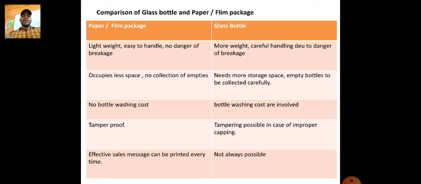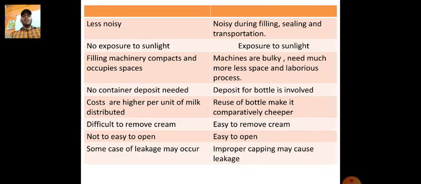Then effective sales message can be printed every time, not always possible on glass. The advertisement is done every time in a different manner on paper or film packaging, which is not possible every time on a glass bottle. Then less noisy, whereas noise during filling, sealing and transporting occurs with glass bottle packaging.